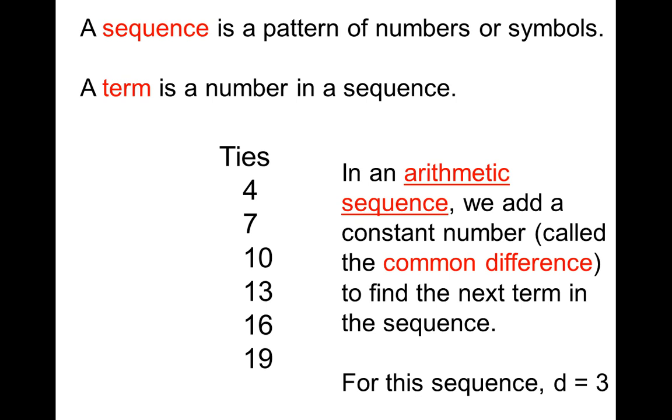So in this particular sequence we're adding 3 to a previous term to get the next term, and that number that we're adding over and over again to get from one term to the next is called the common difference, which in this case is 3, and the letter that we use to signify a common difference is d. So for this sequence, d is equal to 3.